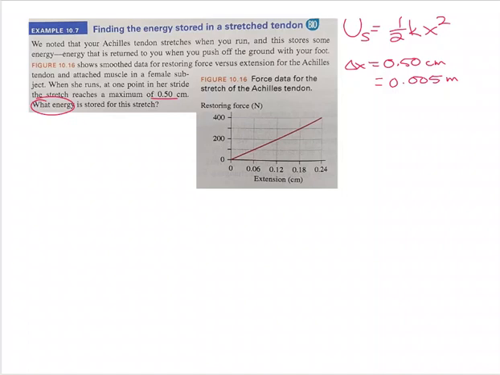So we already know the x. We need to figure out the k. How are we going to do that? We could use the graph. Yes, we're going to use the graph. How?